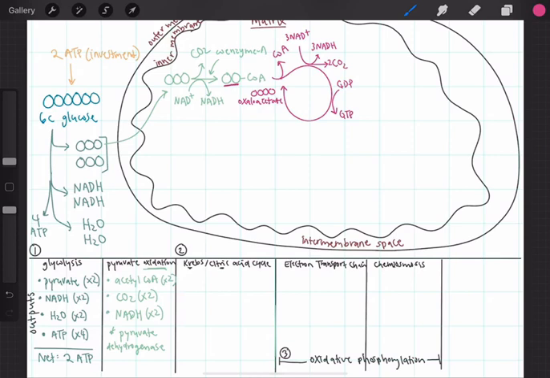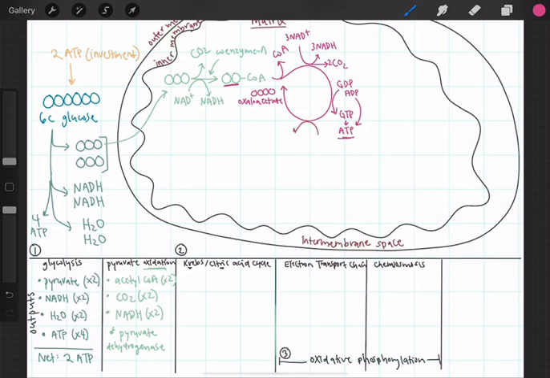This is what occurs most commonly in animal tissue cells, and this GTP can then be converted into ATP. In certain plants, bacteria, and other animal tissue cells, there is also ADP that can directly be converted to ATP. So this is only one molecule of GDP becoming ATP, or ADP becoming ATP.